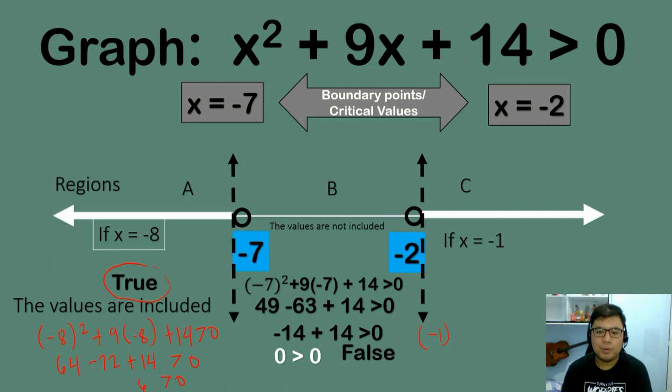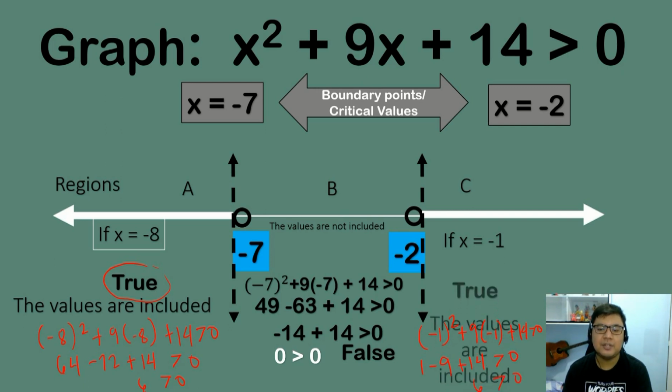So you have negative 1 to the second power plus 9 times negative 1 plus 14 is greater than 0. So I have negative 1 to the second power is positive 1. 9 times negative 1 is equal to negative 9 plus 14 is greater than 0. So 1 minus 9 is negative 8. Negative 8 plus 14 is positive 6.